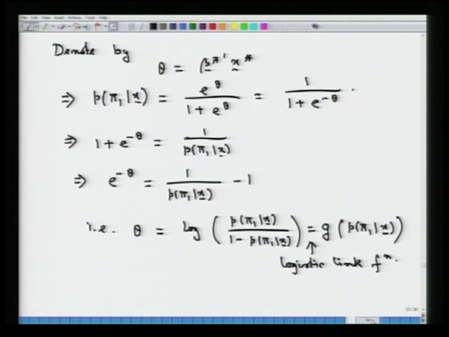Now, there are alternate forms of this link function, because this is just the relationship between theta, which is beta star prime x star, and p pi 1 given x. If this function is assumed to be log of p pi 1 given x divided by 1 minus p pi 1 given x, then what we get is the logistic discrimination. Alternate link functions are the following.